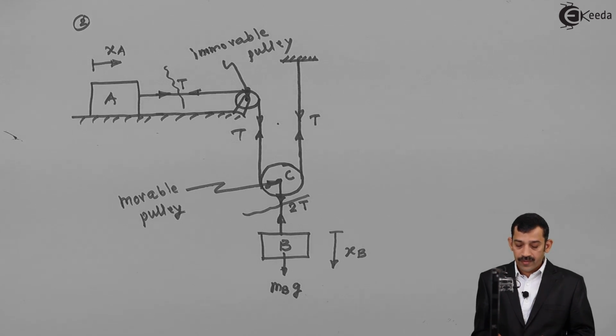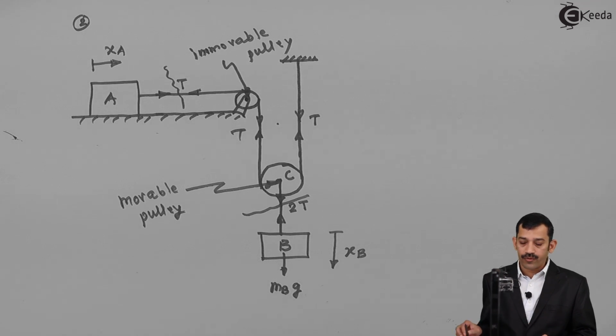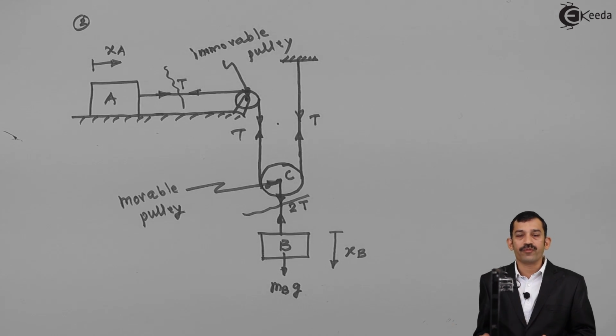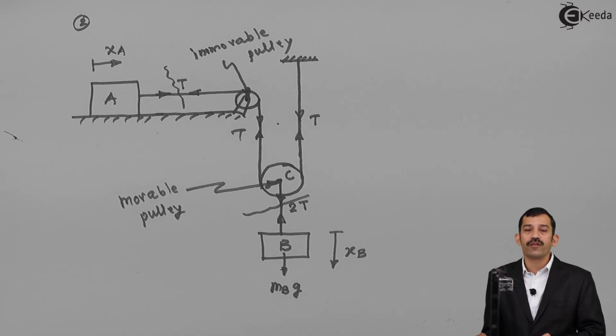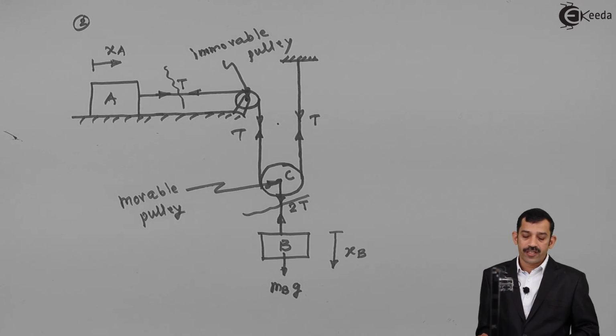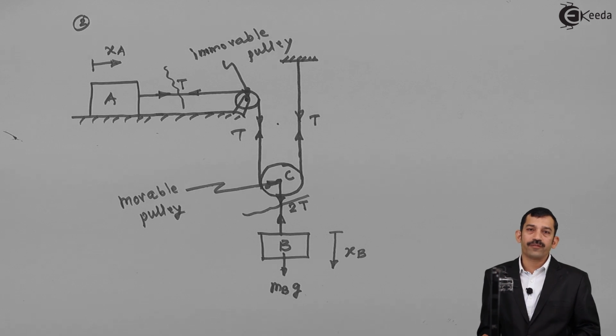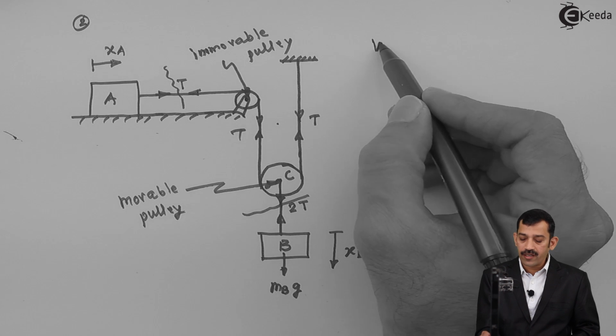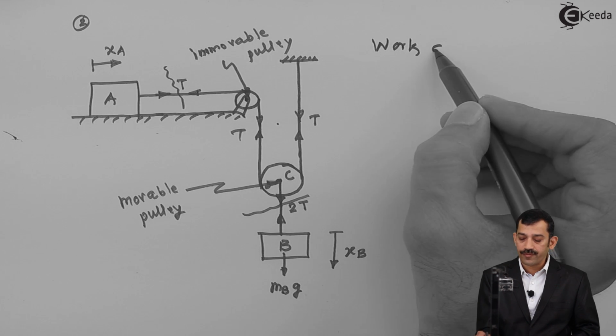Therefore you can say work done by such internal forces, means tension, is always zero, because work is not done by internal forces. Internal forces are developed due to external forces or weights. That means the tensions developed here are internal forces developed due to weights of the bodies. Therefore here work done by internal forces is always zero.